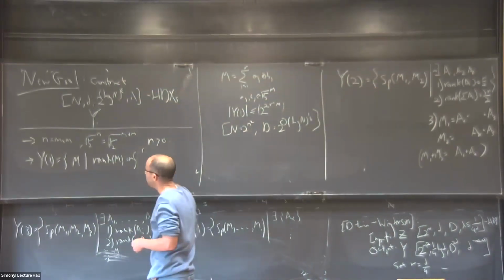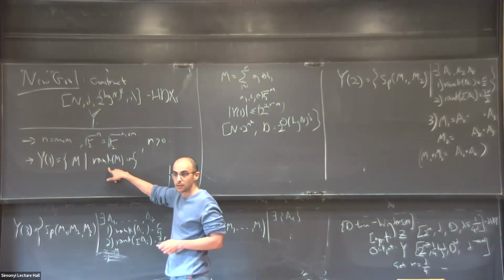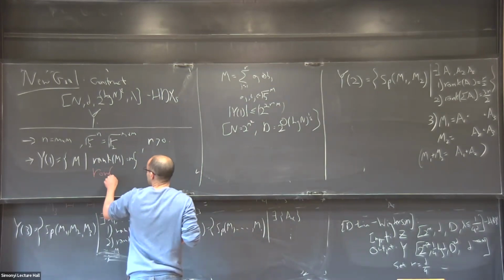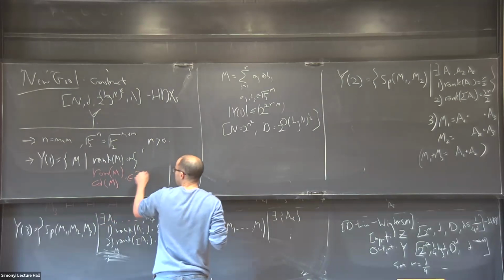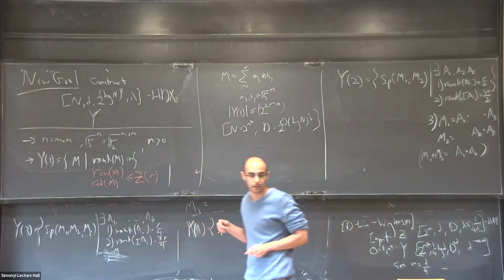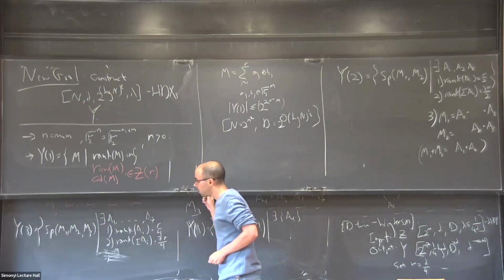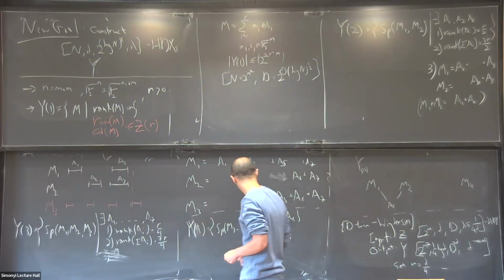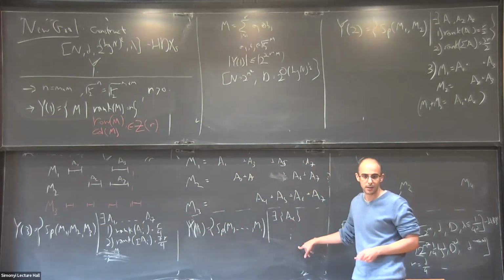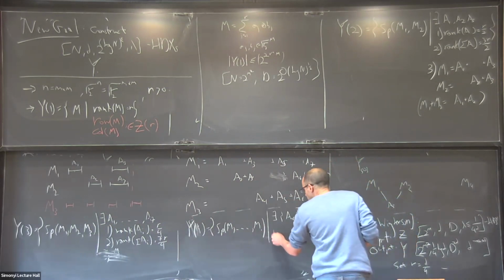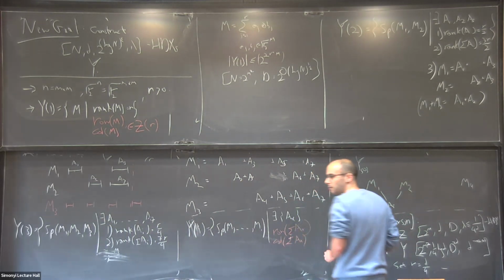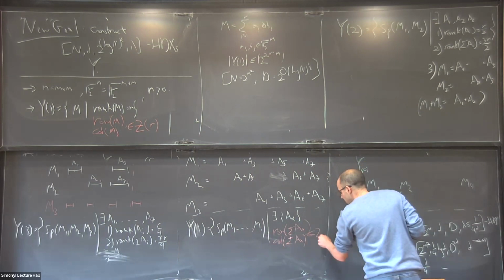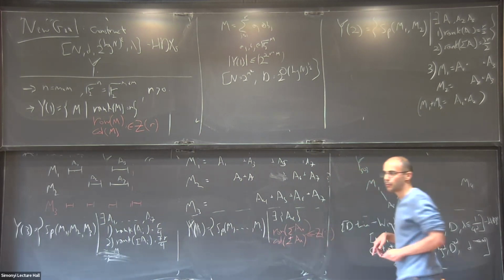Where now my lines are going to be only the M's whose row span and column span are inside my input complex. And when I construct higher dimensional spaces, in addition to the requirements that I will have, I will require that the row and column spaces of the sum of the A matrices will also be inside Z with the appropriate dimension.